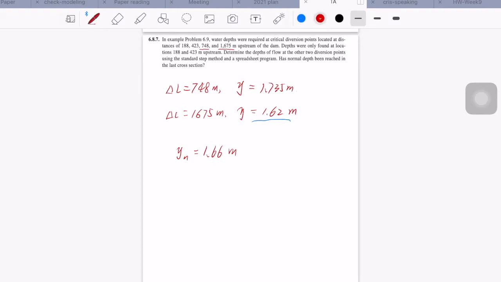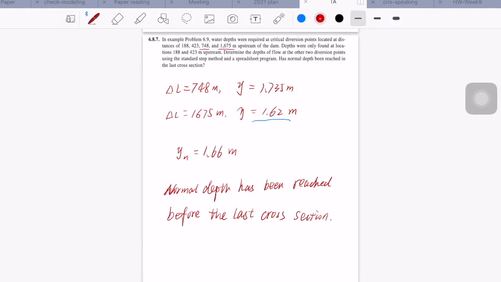So we can determine that the normal depth has been reached before the last cross section. So we have done this problem.